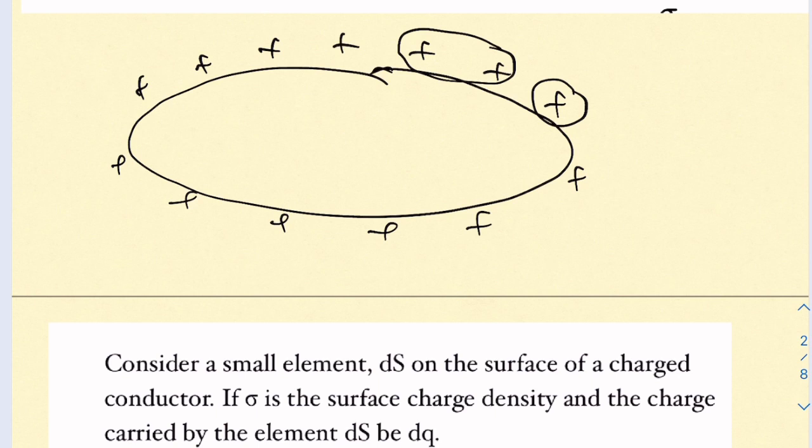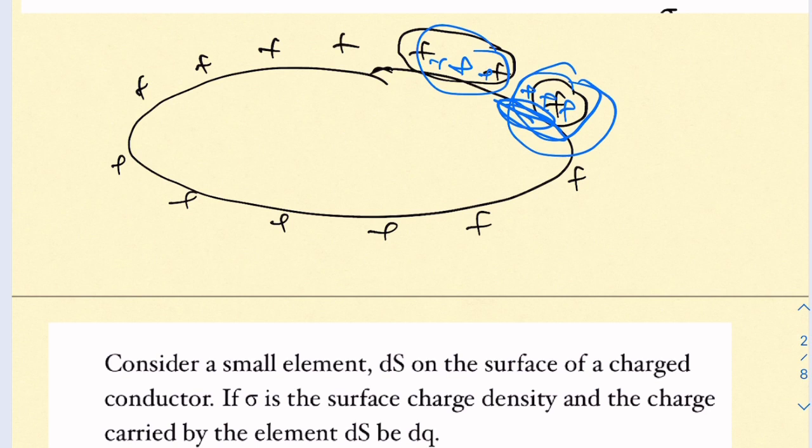Suppose this is a small element of the conductor, with some amount of charge on it. Then this small element repels other small elements which also carry some charge.